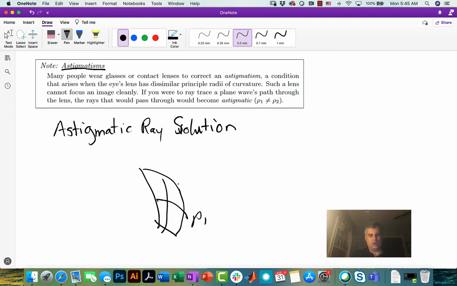Rho sub 1 in one direction, rho sub 2 in another direction. And astigmatic rays are the most general case in a simple medium. They're particularly useful for doing things like the geometrical theory of diffraction, which we'll study. It gives you a really nice tool for handling diffraction problems.